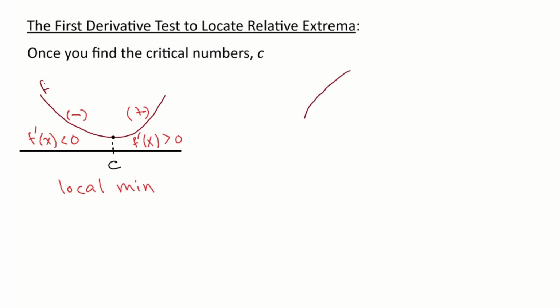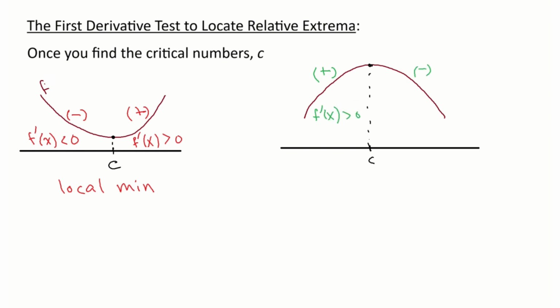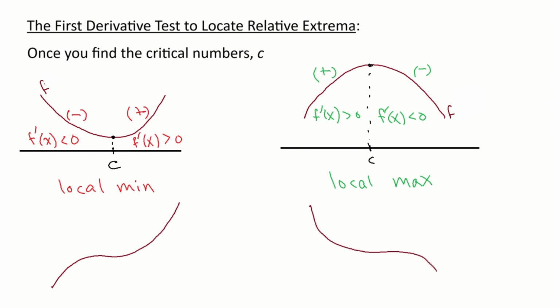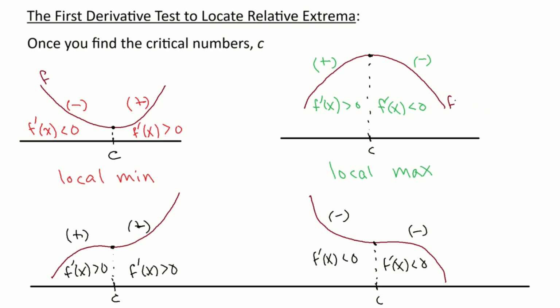And if f prime changes from positive to negative at c, then the function has a local maximum at the point c, f of c. And if f prime of x is positive on both sides of c, or negative on both sides of c, then f of c is neither a local minimum nor maximum.